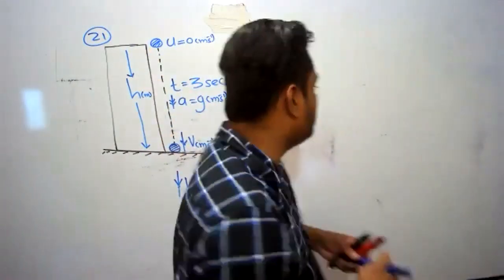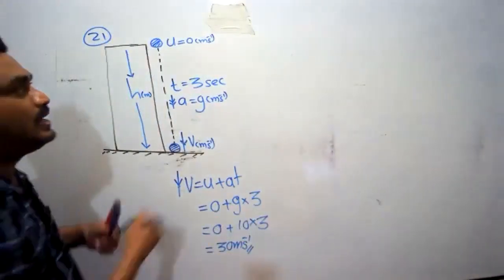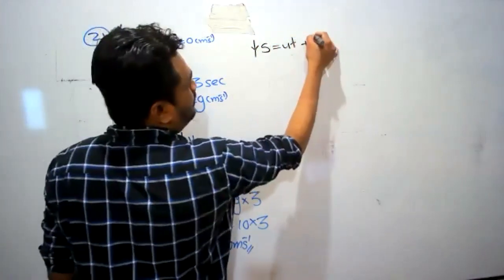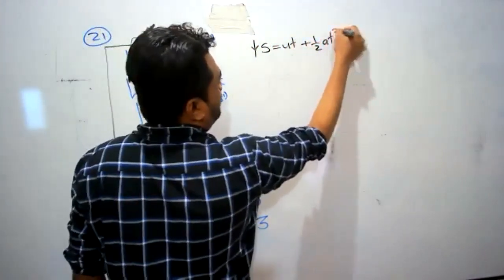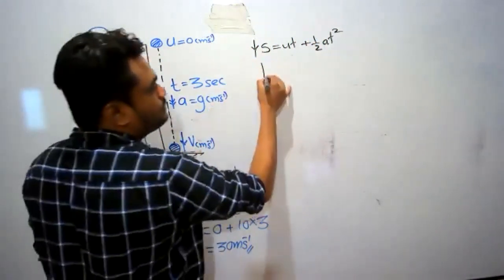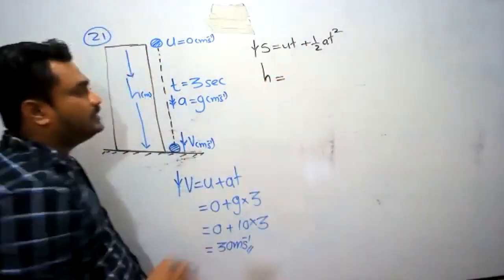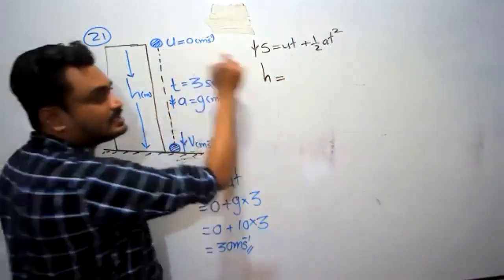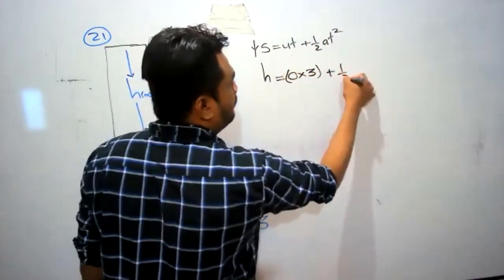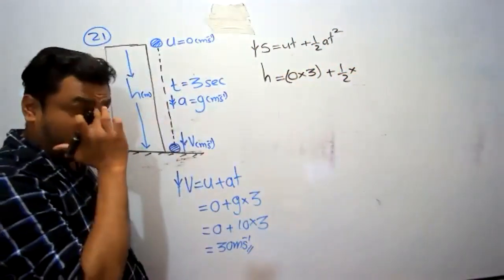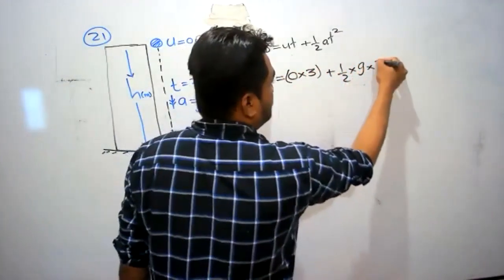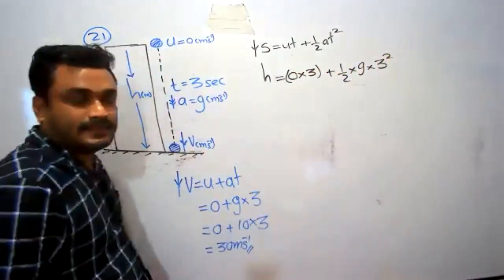So to find the height of the building, let me apply the equation s equals ut plus half at squared. The distance traveled by the object, or displacement, is h. The initial velocity is 0, time taken is 3 seconds, plus half times the downward acceleration g, into 3 squared.